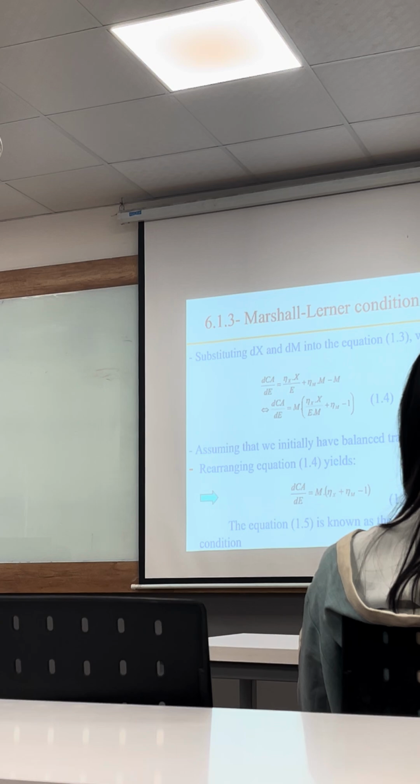Yeah, okay? Greater than 0 means that the sum of elasticities for import demand and elasticity for export demand will be greater than 1. That is the condition, that is the Marshall-Lerner condition.